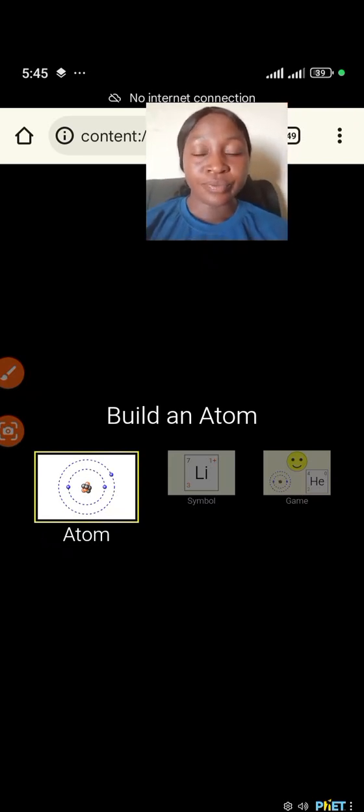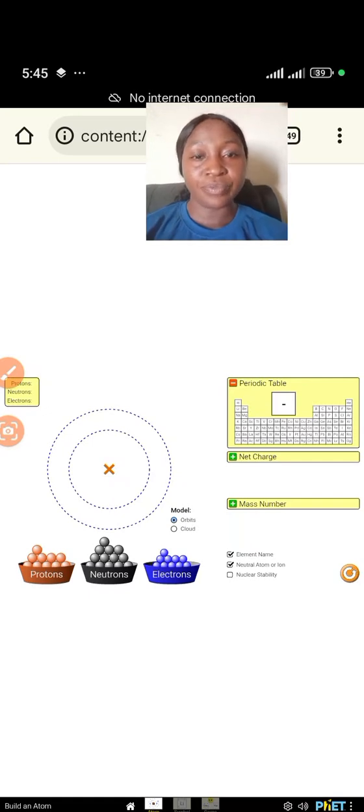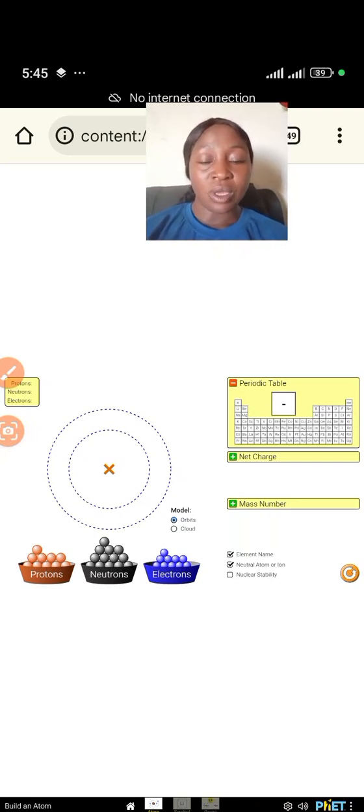So this is atom. And of course, atom contains protons, neutrons and electrons. Electron is at the outermost shell, while the proton and neutrons are contained inside the nucleus of an atom. So this point where you have the X is the nucleus.